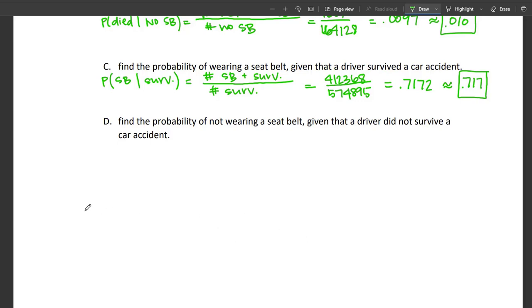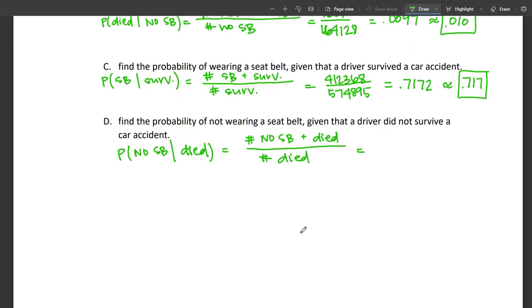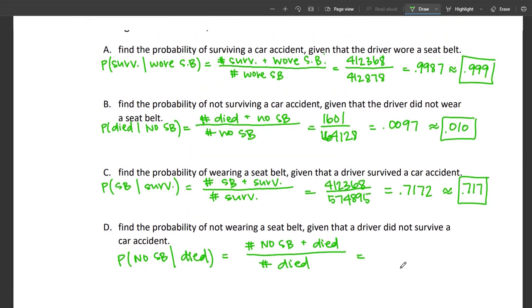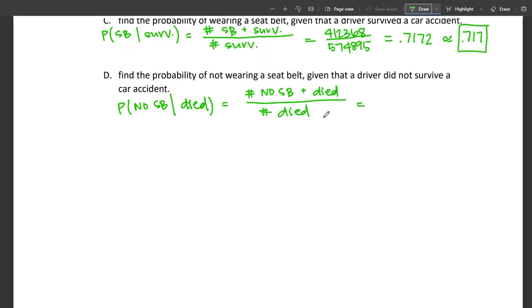All right, the last one, find the probability of not wearing a seatbelt given that a driver did not survive. So we are going to have the number of people with no seatbelt and died, 1601, divided by the total number of people who died, 2111.